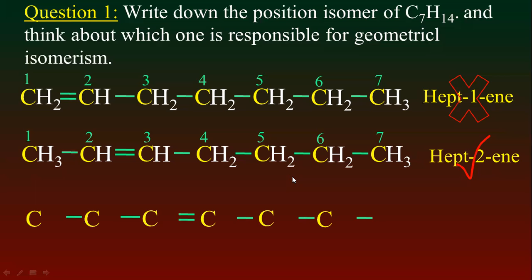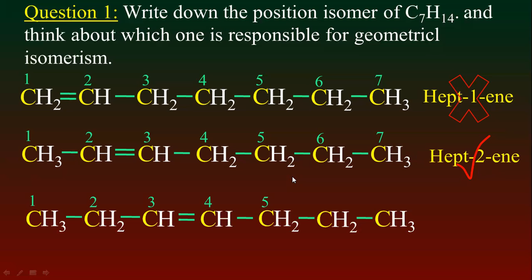Okay, now the next position isomer. The chemical name will be hept-3-ene. Do you think that hept-3-ene is responsible for geometrical isomerism, boys? The answer is obviously yes, because the third carbon and the fourth carbon contain the double bond, and each has two different sides.